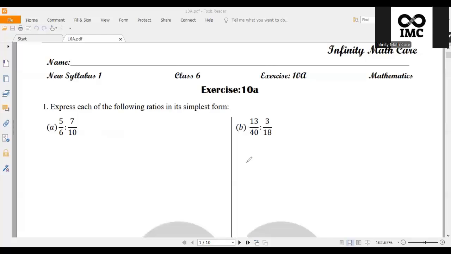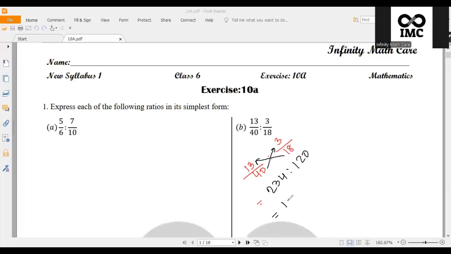Now question number B. We can solve these in three different ways, but I want to solve this one with a short method by using the cross multiplication method. So 13 18s are 234 is to 3 40s are 120. Now convert into lowest terms, divide both by 2.